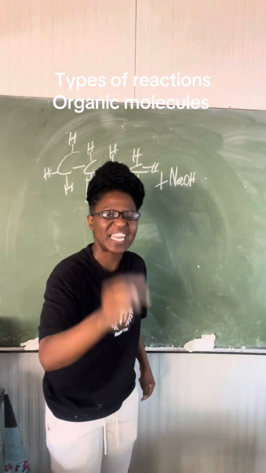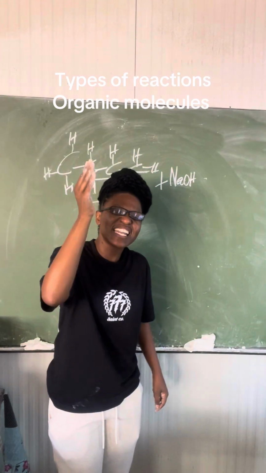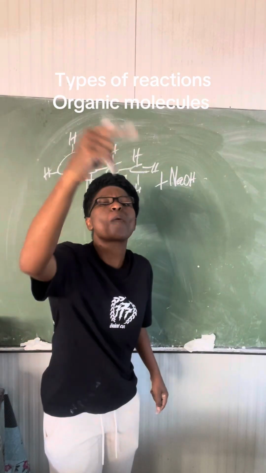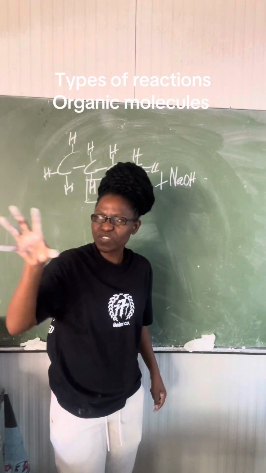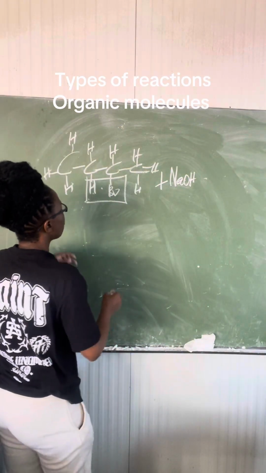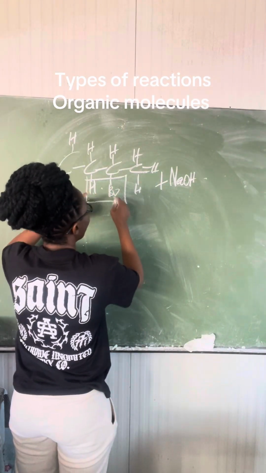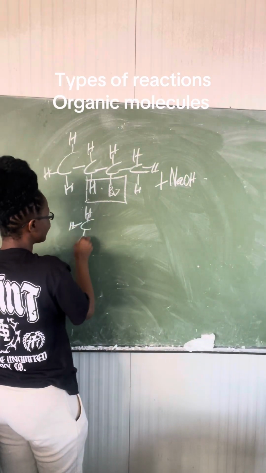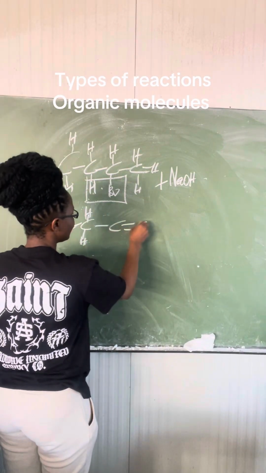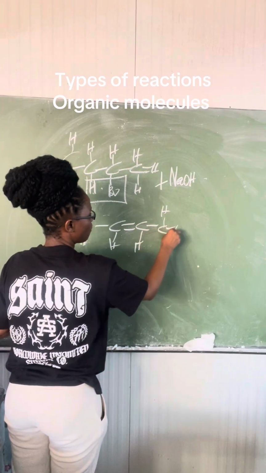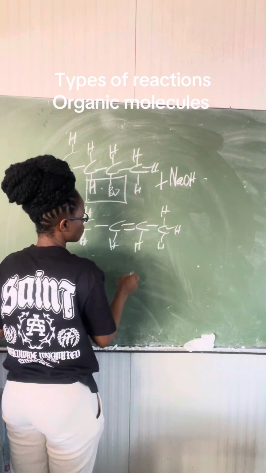Those are the conditions. Substitution reaction deals with heat and dilute strong base. Concentrated strong base, dilute strong base. As we eliminate this, we form the multiple bond, which is the double bond. We can all see that now we have formed the double bond.